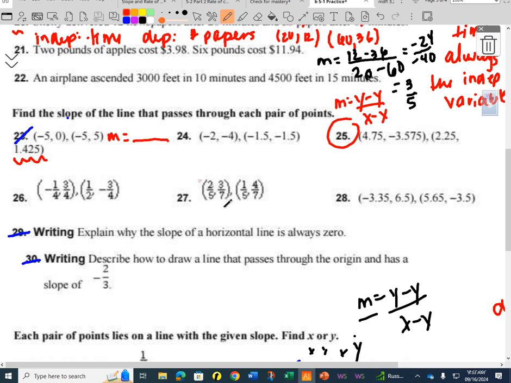What's going to go in my numerator? What's going to go in my numerator, do you think, Jacoy? What's going to go in the numerator, the top? 0 minus 5. Perfect. And then what's going to go in the denominator, Martin? Yes?